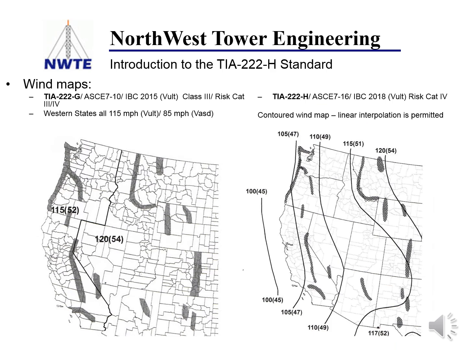Okay, here's these wind maps I've mentioned several times before. This is extracted from ASC 710. So this is a class 3 structure, which is what's called risk category 3 and 4. So you see in this map, here's Washington and Oregon, for example.